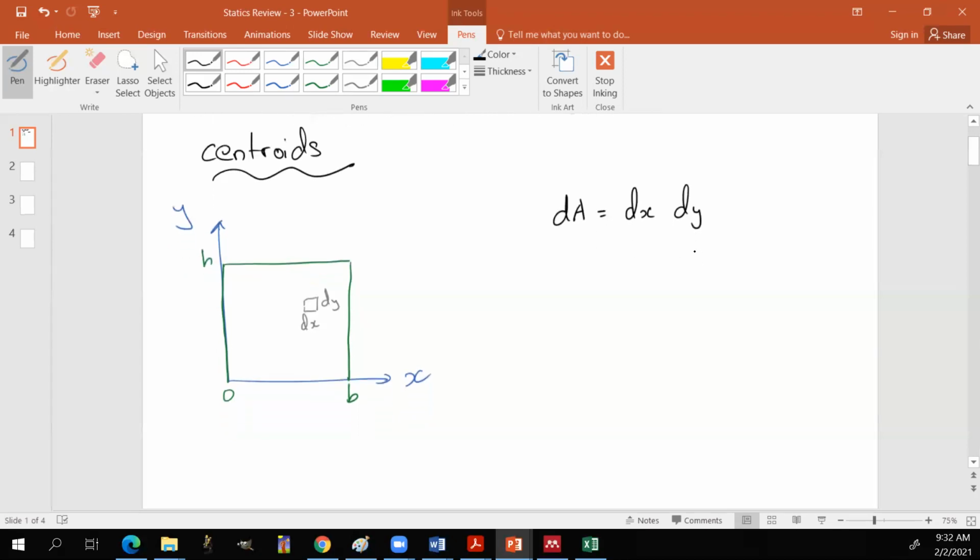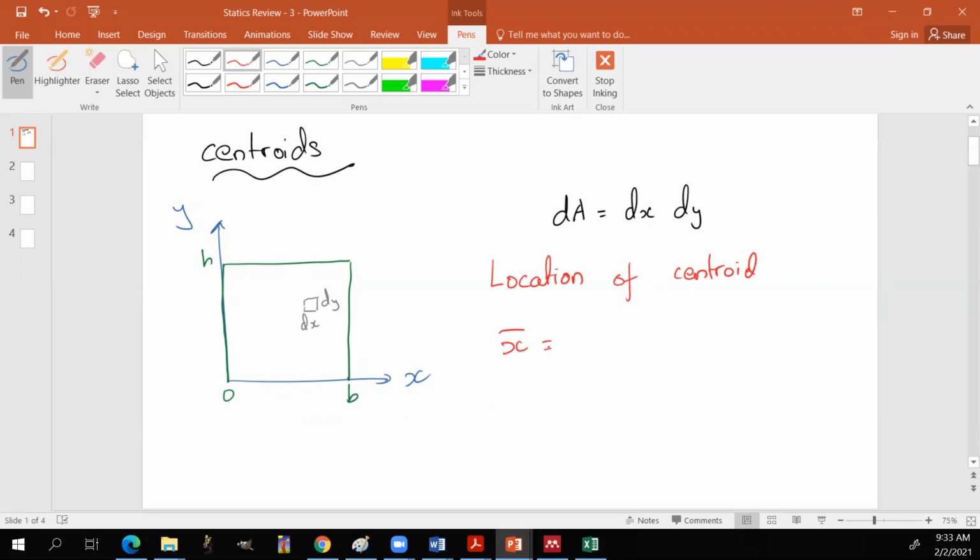And whenever you're finding a centroid, you always have to have a frame of reference so that you know relative to which point you're finding it. Here, we drew the coordinate system at the corner of the plate. So the definition is, and this is the symbol that's used for it.